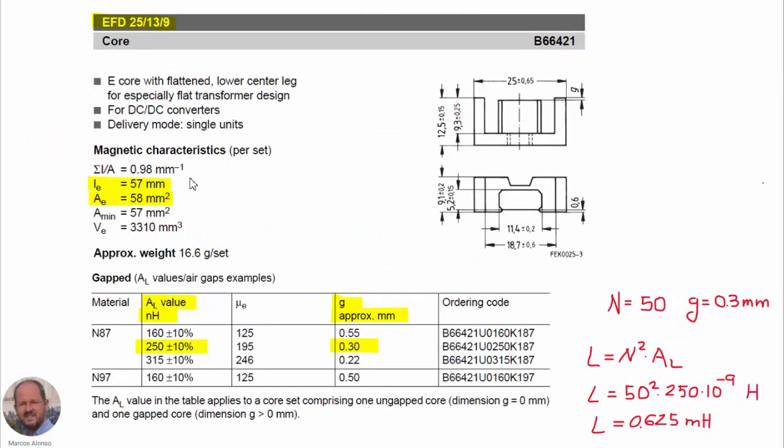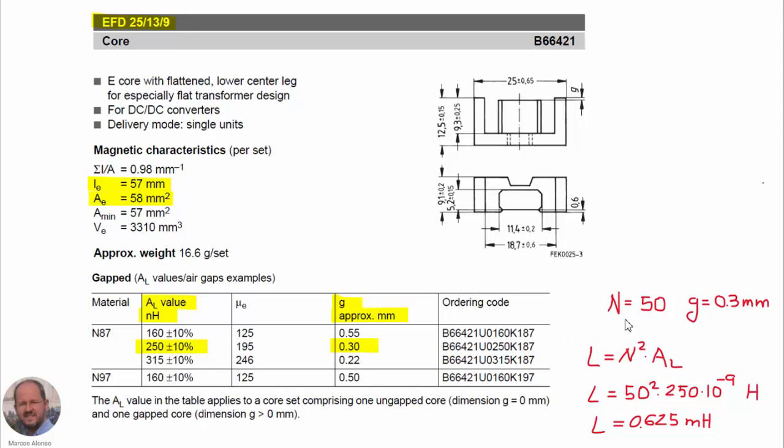Here we have the different parameters of this core. We have the length, the cross-sectional area. Here we have the AL value in nanohenries, which is 250. And we are going to select this gap of 0.3 millimeters.